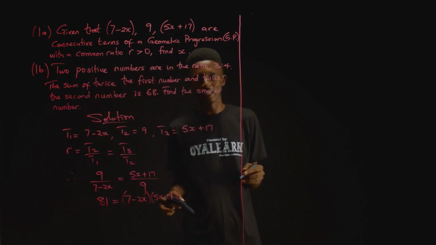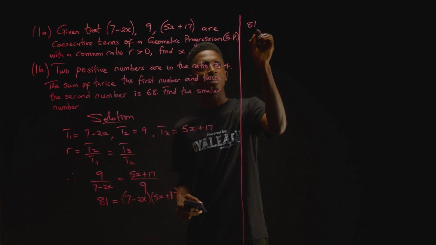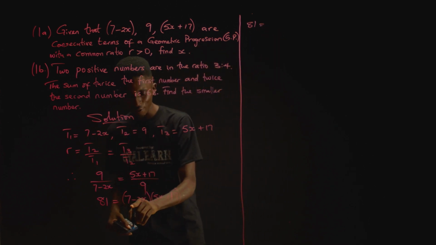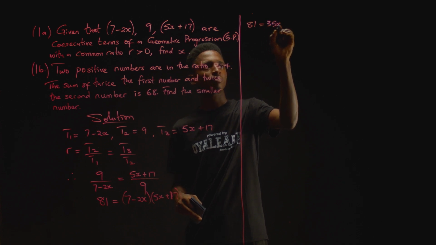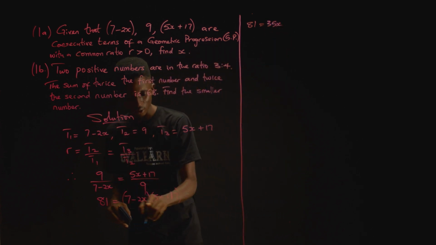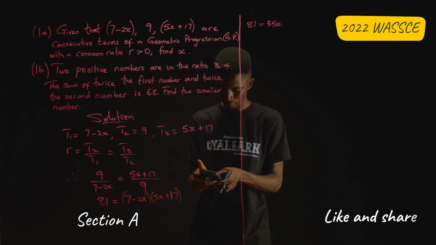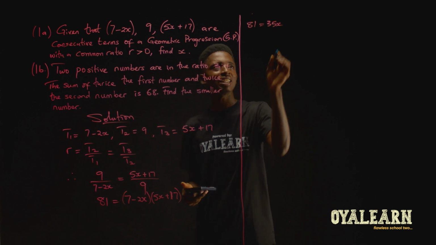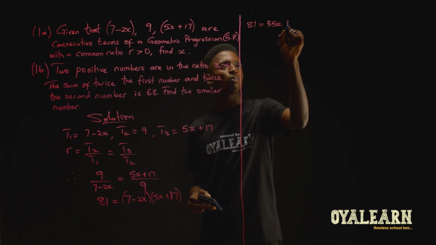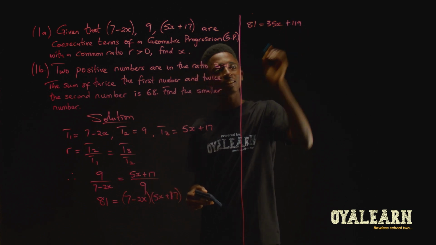Now let's expand that here. So we would have 81 equals, now 7 times 5x, that is 35x. 7 times 17 would give us 119, so plus 119.